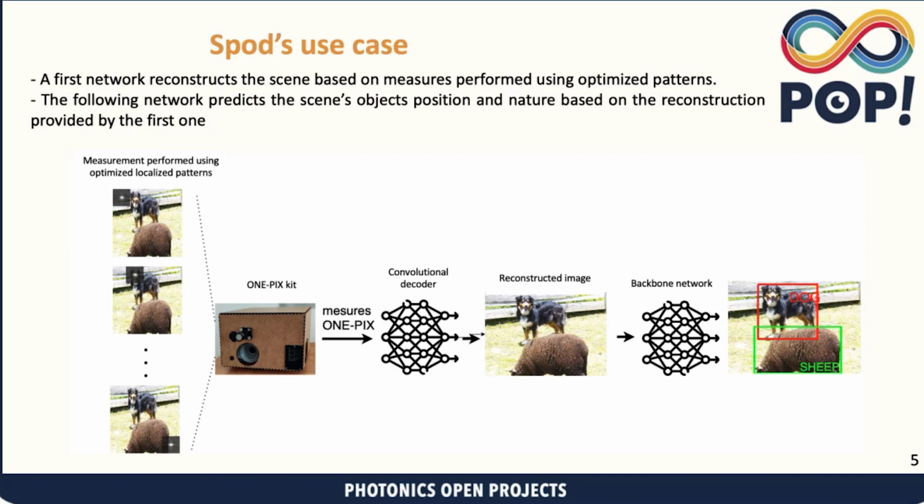Those measurements are passed into a convolutional decoder that has to reconstruct the image, and a backbone network will do the object detection part based on the reconstruction of the scene performed by the convolutional decoder.